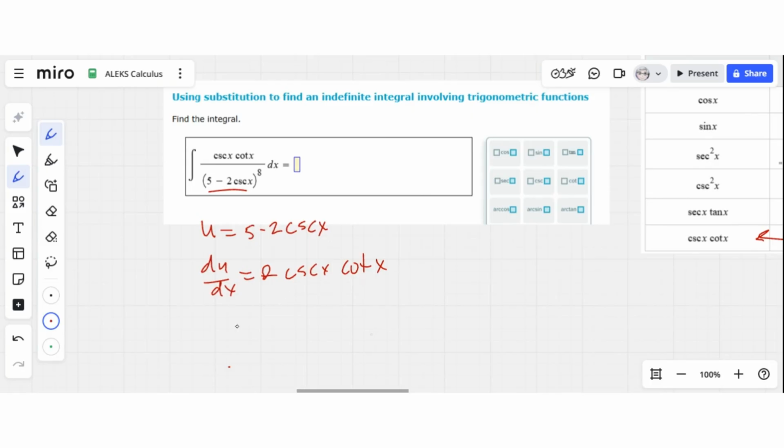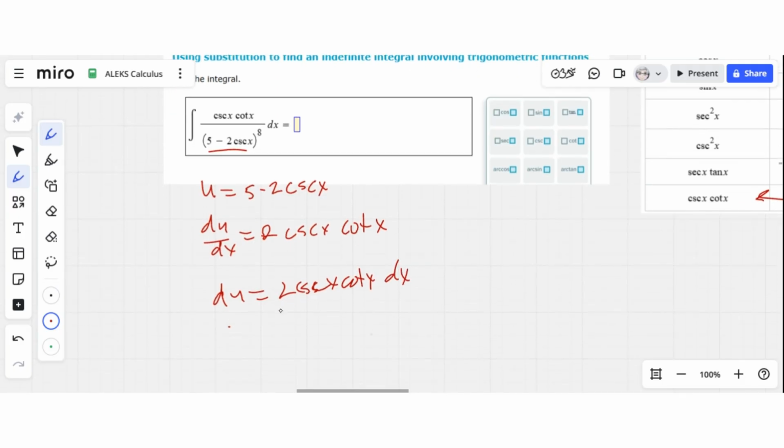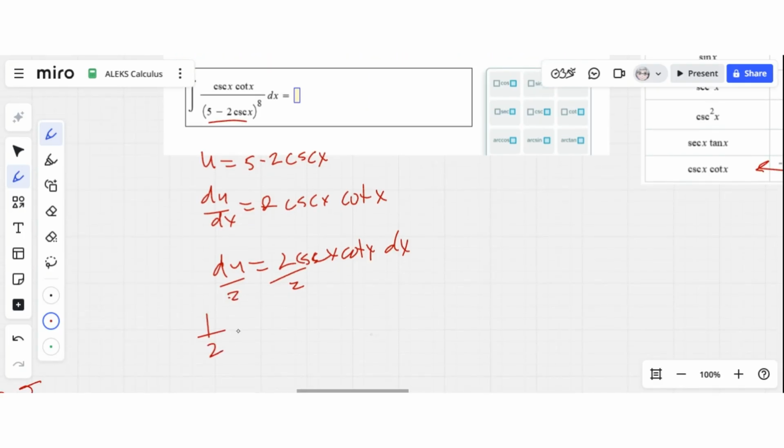And then I'm just going to multiply by dx on both sides. We get 2 cosecant x cotangent x dx. And then I want to get rid of this 2 as well, so I'm going to divide both sides by 2. And what I get is 1/2 du equals cosecant x cotangent x dx.